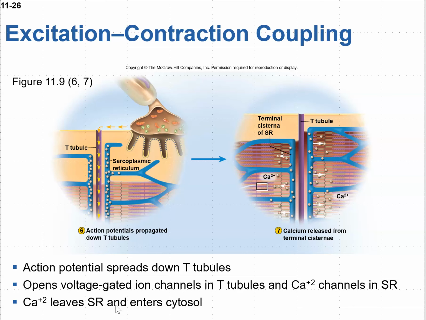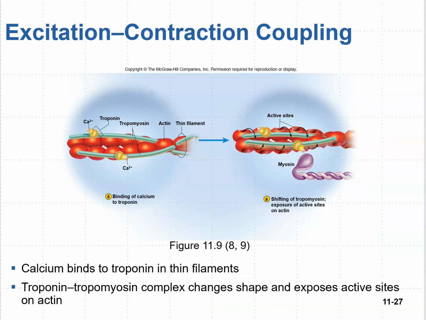When so much sodium enters the cell, it causes an action potential, and the action potential is transferred down the T tubules, which in turn causes the release of calcium ions into the cytosol. So this is where all the action happens. We need the release of calcium ions to cause muscle contraction.